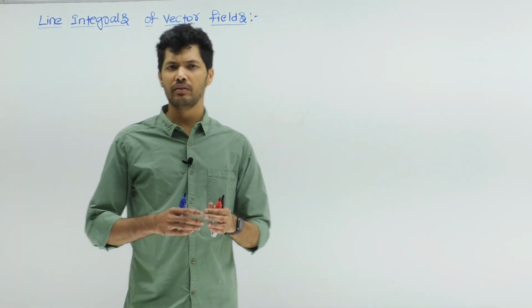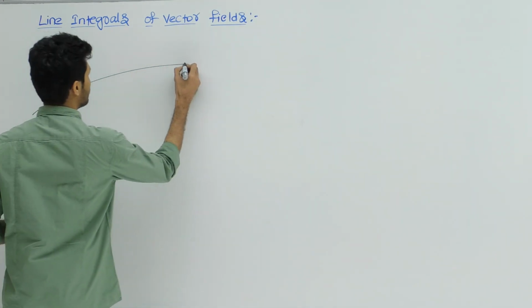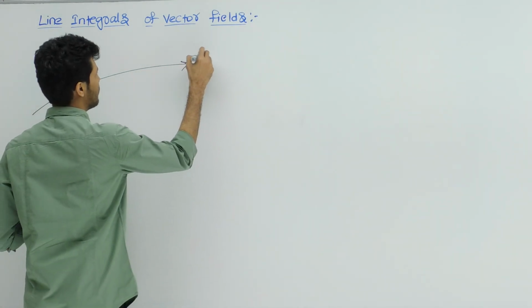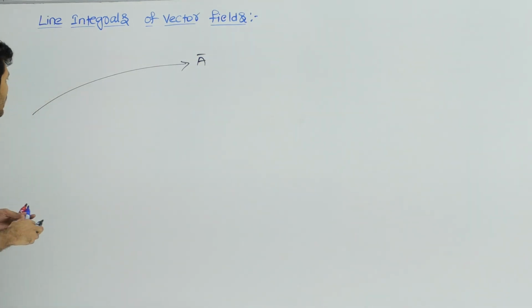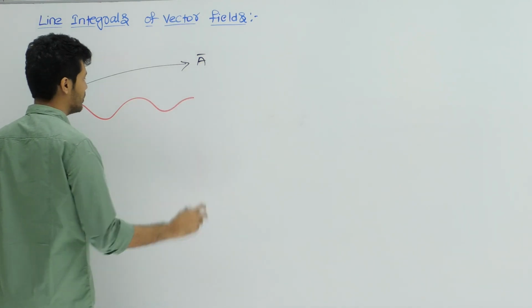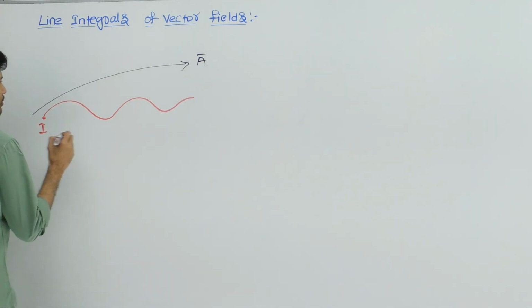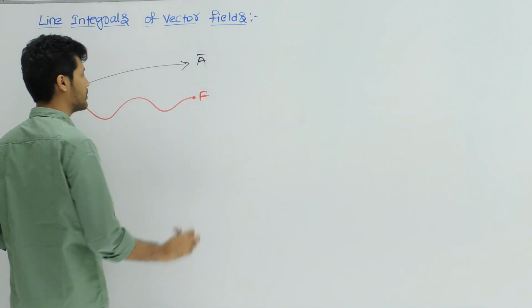So let us say we are having some randomly oriented vector, and that randomly oriented vector is nothing but this vector, A bar. And apart from this randomly oriented vector, we have also taken some randomly oriented path, and let us say that randomly oriented path is nothing but this particular path. And in this path, this is the initial point as well as this is the final point.